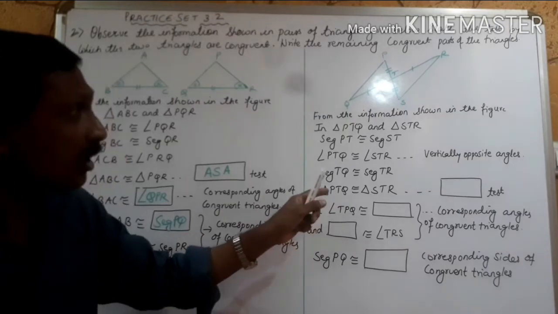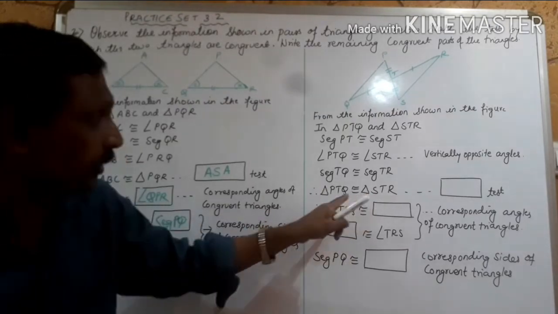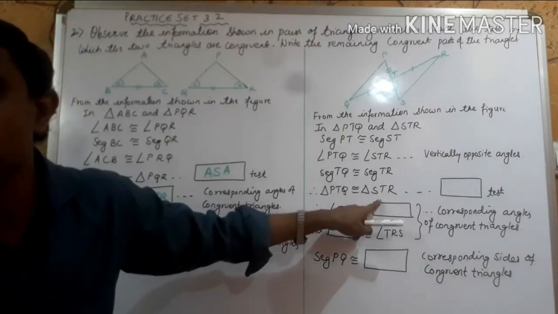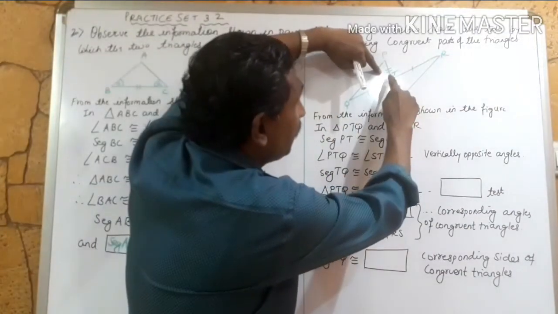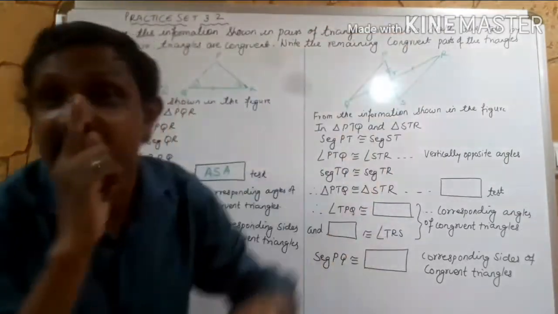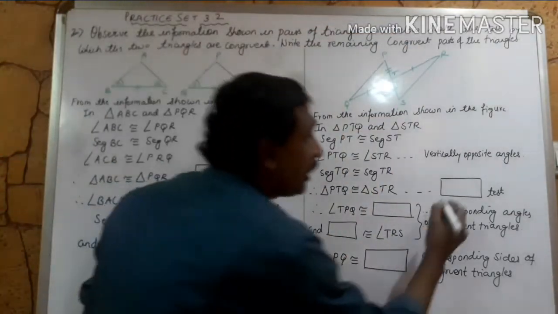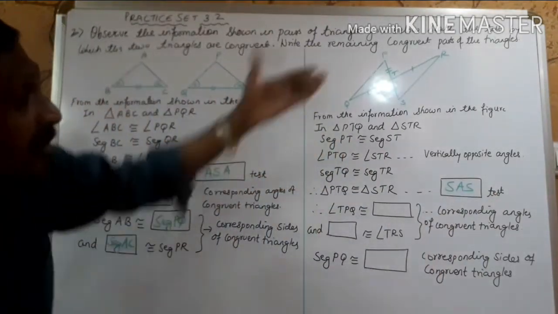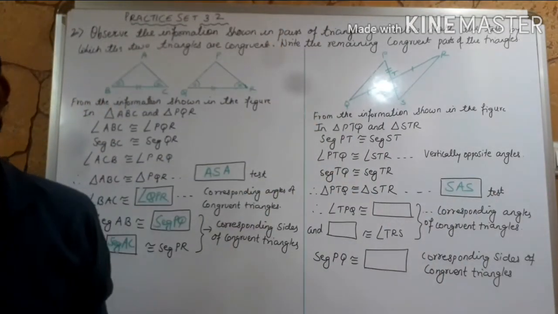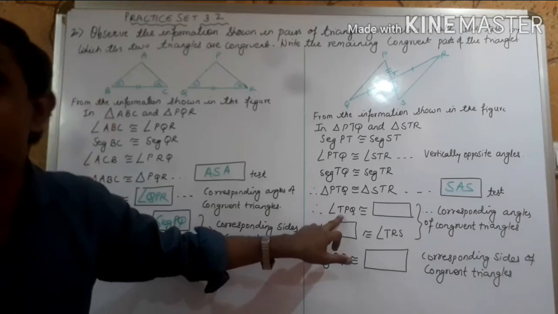That means triangle PTQ congruent to triangle STR, by which test? A side, an angle and a side. That means it is congruent by SAS test.